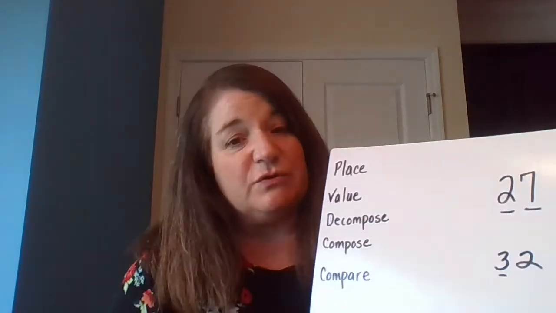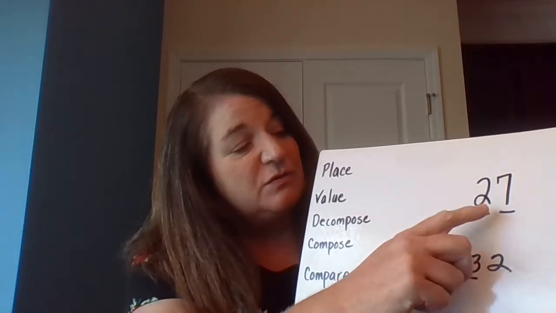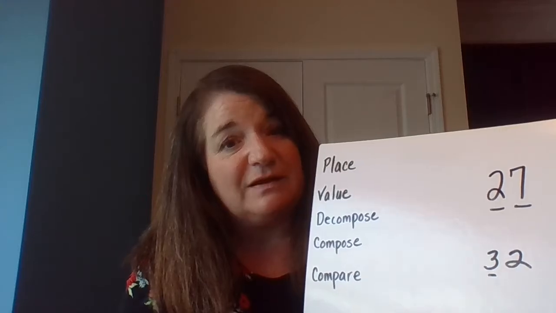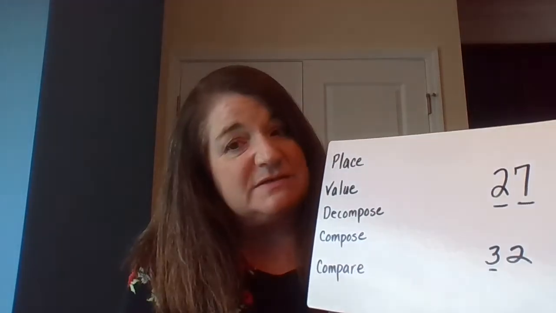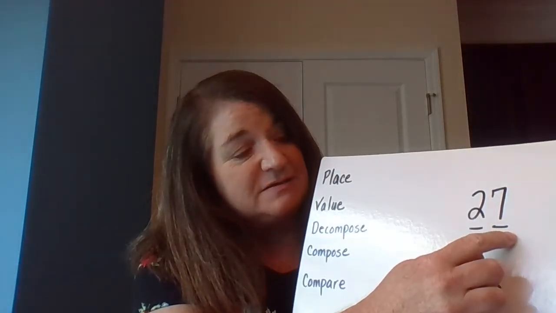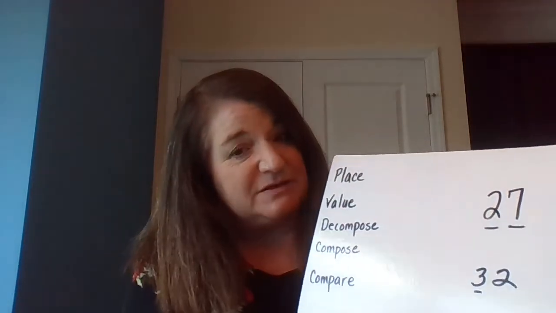What about the 2? Think about that. The 2 is in tens place, so the value of 2 tens would be how much? If you have 2 tens, you would have 20. So its value is actually 20. So again, we have its place, and what value is assigned to that place based on the digit.